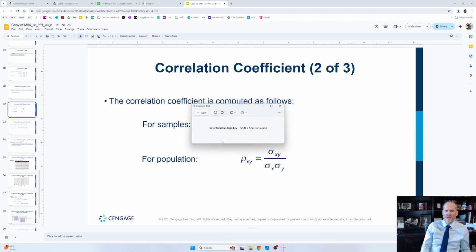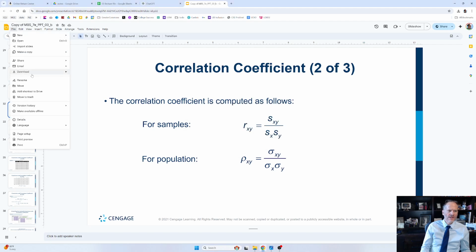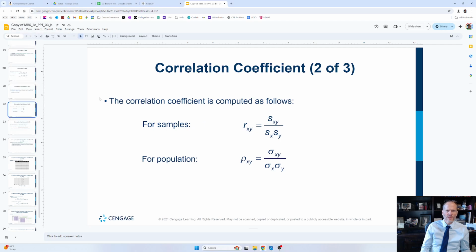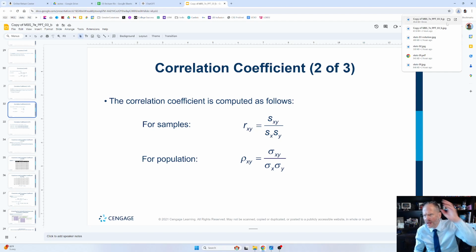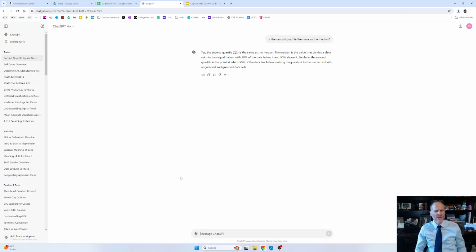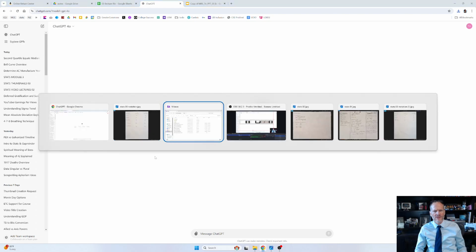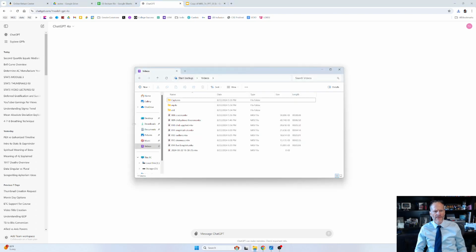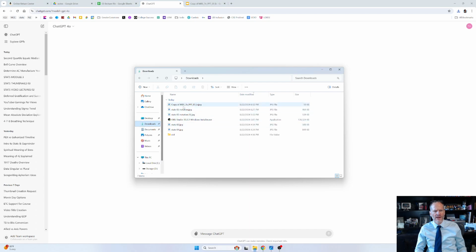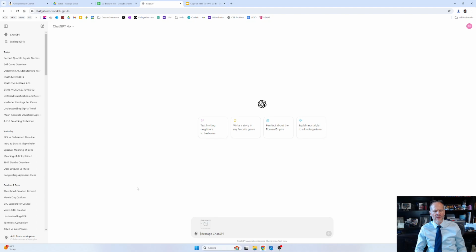So I'm going to go to the snipping tool. And actually, I could just go File, Download, and download this JPEG image, the current slide. So I'm going to download that, and it came down as a copy. I'll go to ChatGPT, create a new chat, find that copy in my downloads, and drag and drop it.